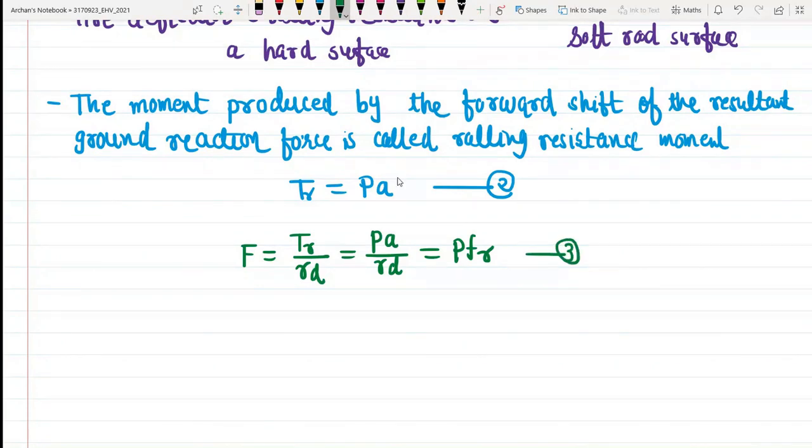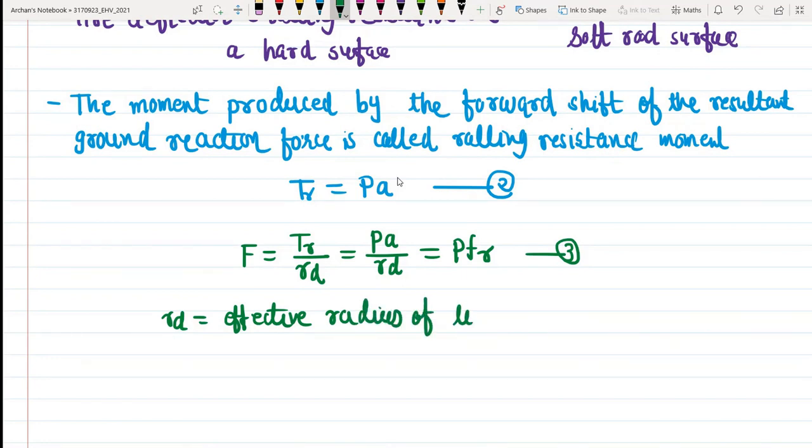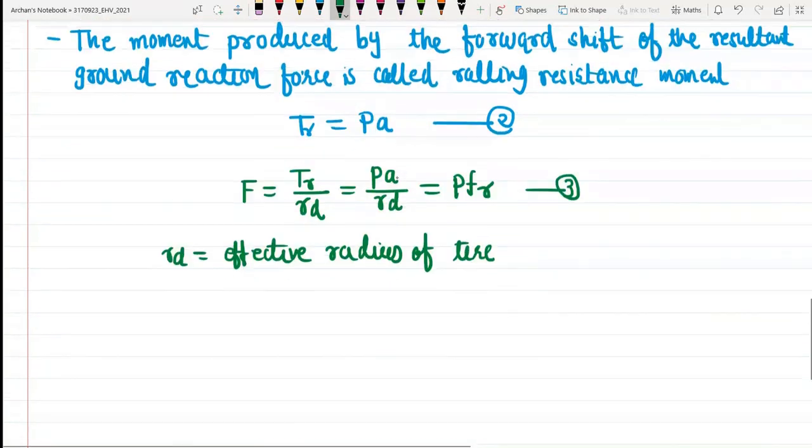Here RD is nothing but the effective radius of the tire, right?